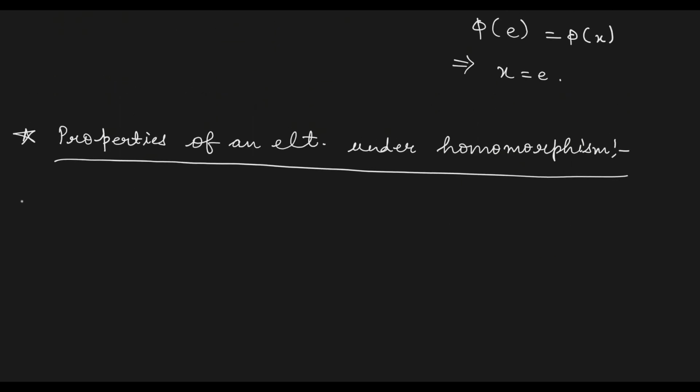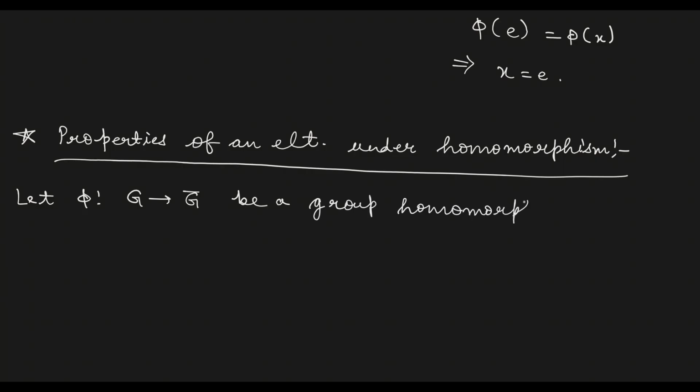Let phi mapping from G to G bar be a group homomorphism and g belongs to G, then first, identity is mapped to identity.